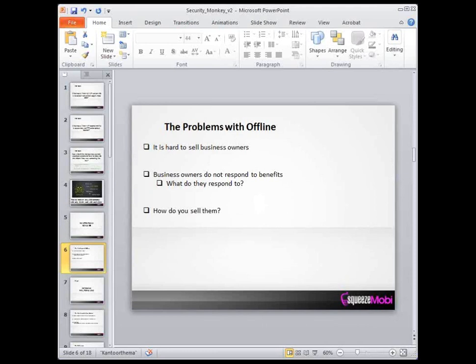That's the biggest problem. And why is that the problem? The problem is not really the selling part. The problem is how offline consultants sell to business owners, the way that they do it. Because the way that most people do it is how?